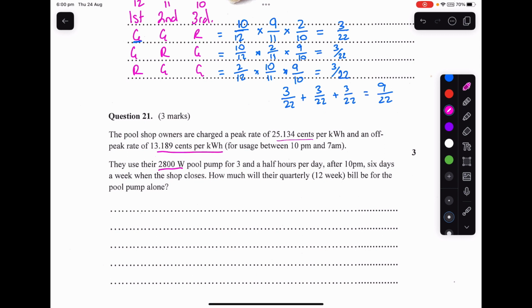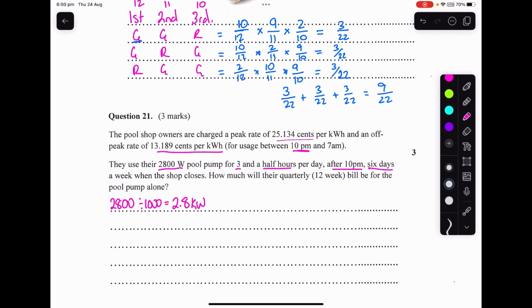As soon as I see that, I'm going to go 2800 divided by 1,000, so I get 2.8 kilowatts, because this is always going to be in kilowatts. We know that if we're doing after 10 p.m., we're using the off-peak rate. How much will their quarterly 12-week bill be for the pool pump alone?